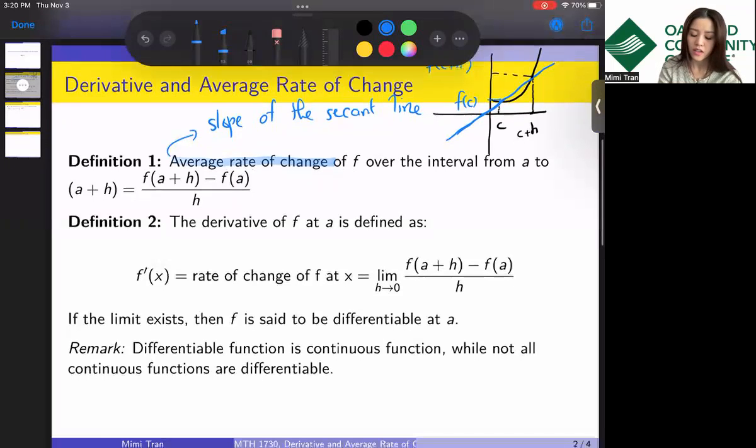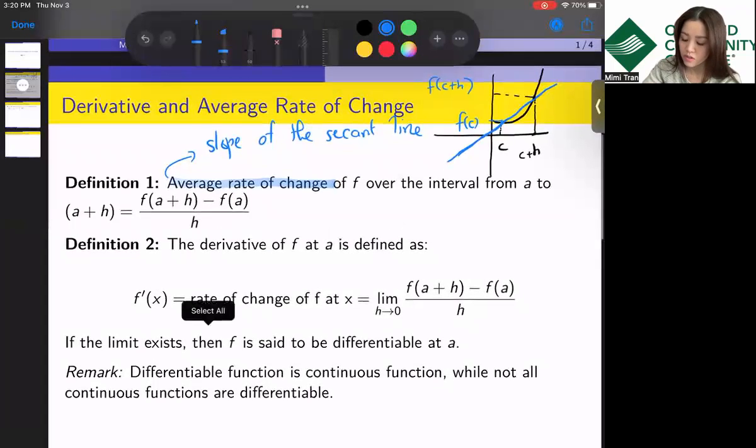We call that f prime of x is equal to the limit as h approaches 0. So when h approaches 0, this thing collapses. Now we have a tangent line instead of a secant line. Then the limit as h approaches 0 of f of a plus h minus f of a, divided by h.